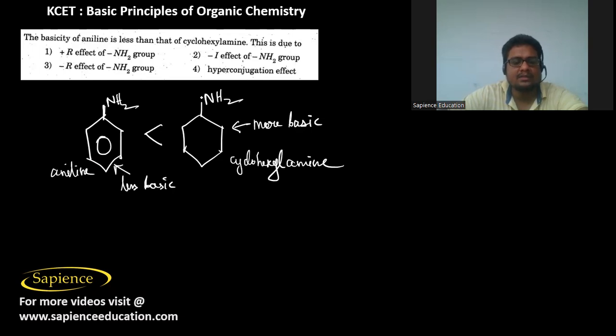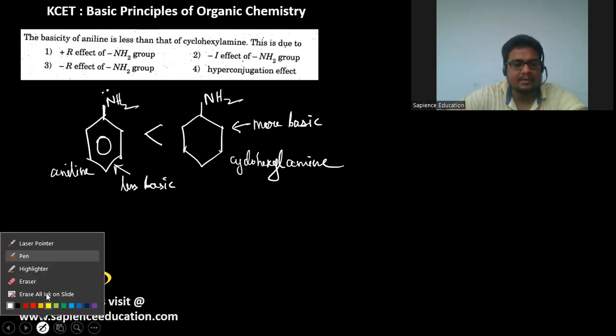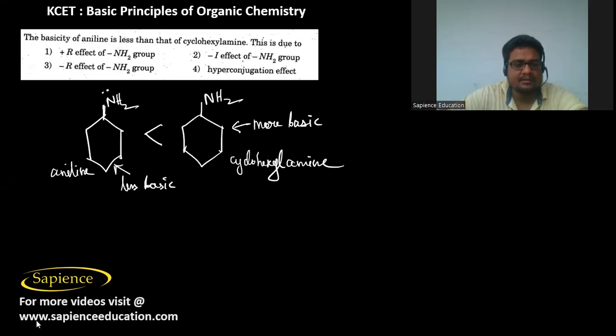So why is it so? Here the lone pair on nitrogen can also take part in the resonance with the benzene ring. The benzene ring has three pi bonds, so it can undergo resonance with the ring.